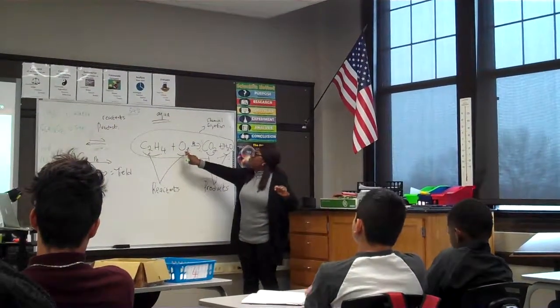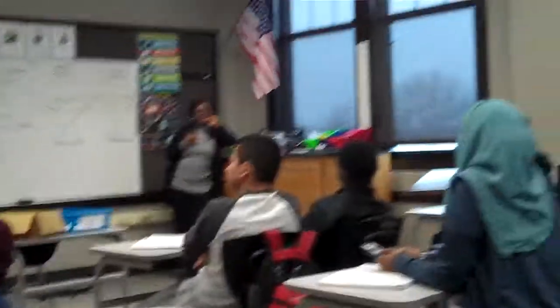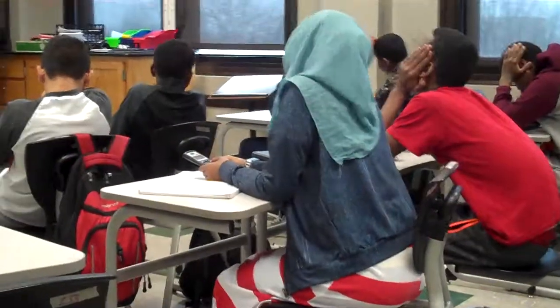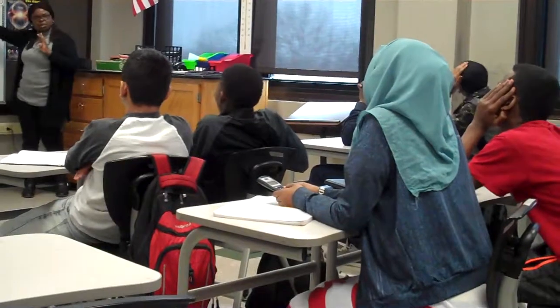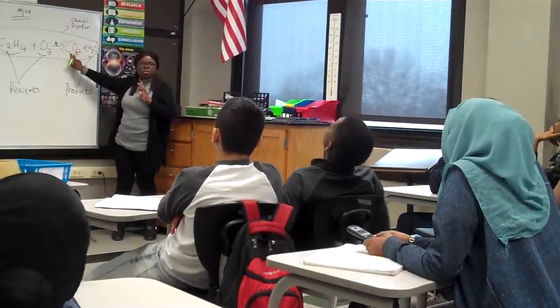But how many do we have here? 2. So what do you think I should write here in order to make this 6? Okay, calm down. Look at it again. I have 2 here. When I added this 2 and multiplied by the subscript of 1, I got 2.